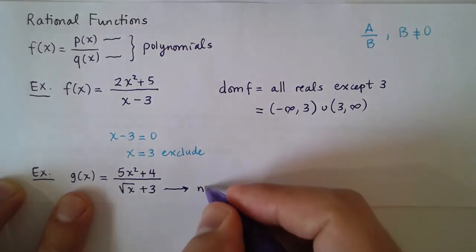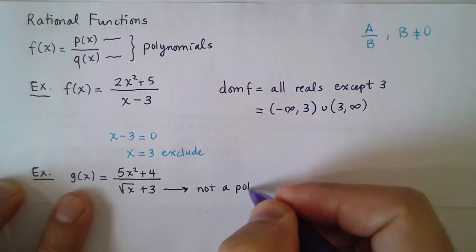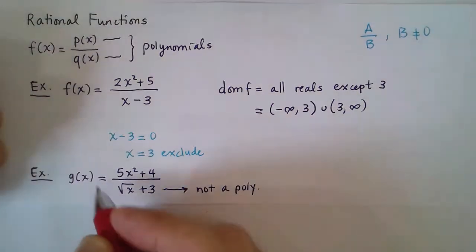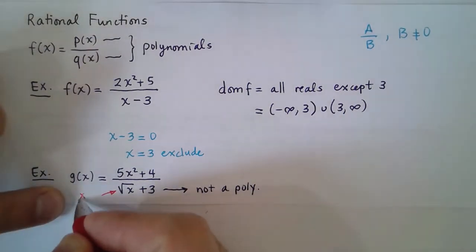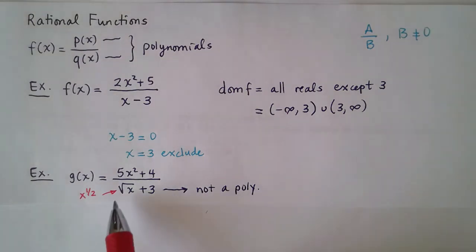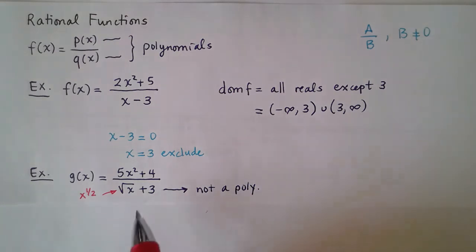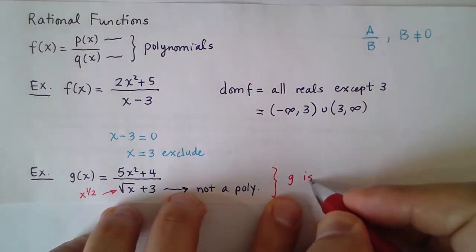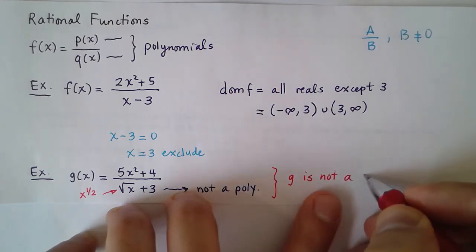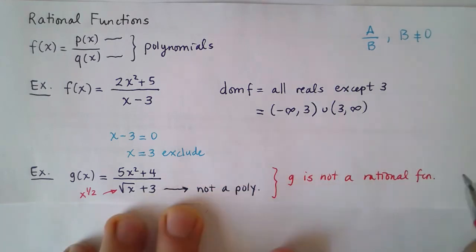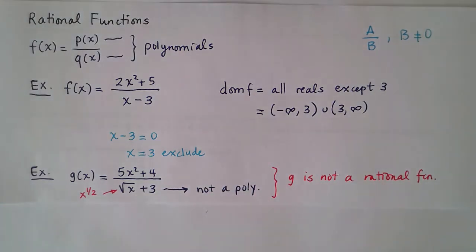This is not a polynomial, because here we have x to the 1/2. X to the 1/2 means the exponent is not a positive integer, so the denominator is not a polynomial. So this implies that g is not a rational function. That's an example of a function which is not rational.